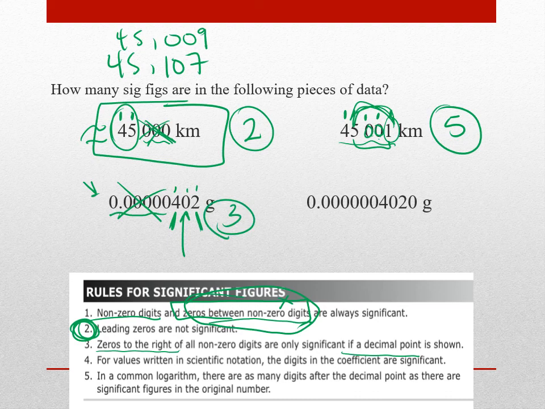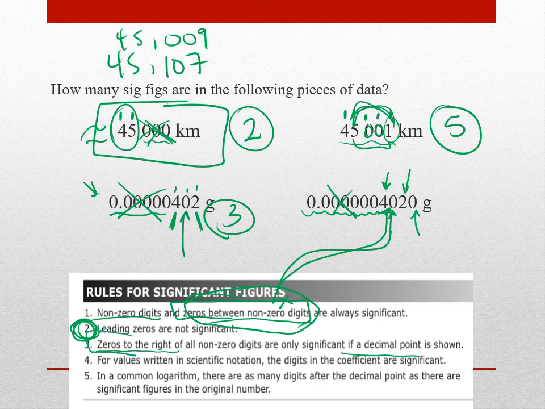How about this one? Again, I've got all of these zeros in the front that are simply holding that 4 in the correct place value. These are leading zeros, they don't count. That 2 is going to count because it's not a 0. This 0 is between, so it's going to count. What about this 0? Count, not count?